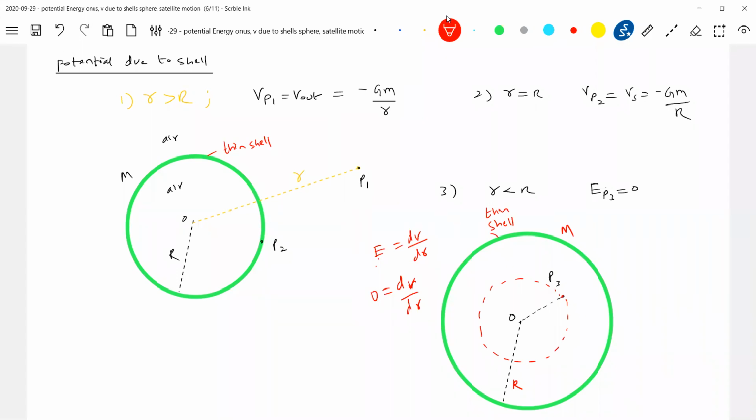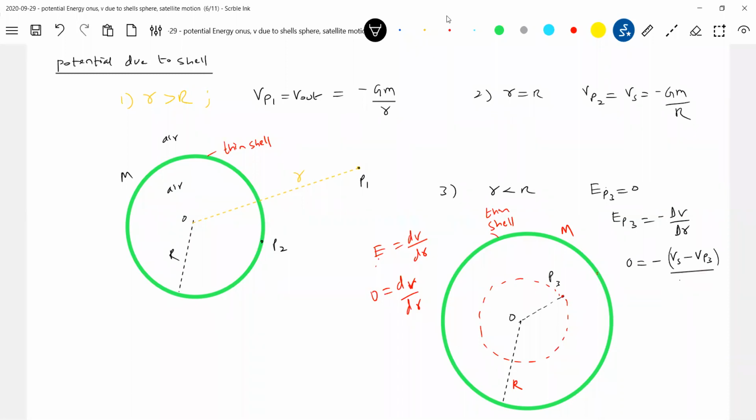But how much, sir? Okay, constant, but we need to know how much. Then you do one thing. We know the potential on the surface. So what is the potential on the surface? That will be the potential everywhere inside. So we use a formula like this: EP3 equal to minus delta V by delta R, which is equal to 0. Delta V is the potential on the surface minus the potential at point P3. This should be equal to 0.